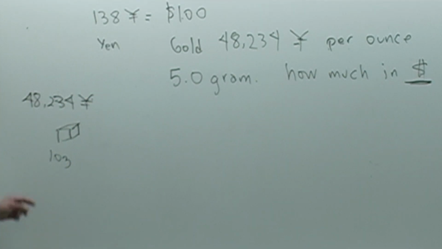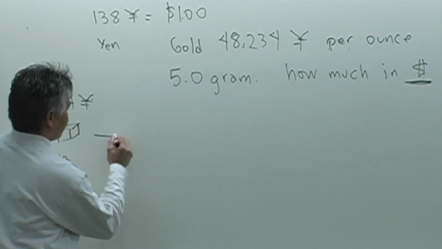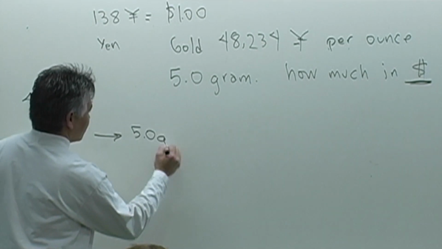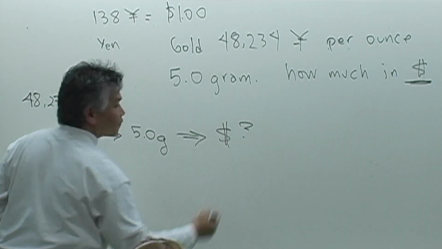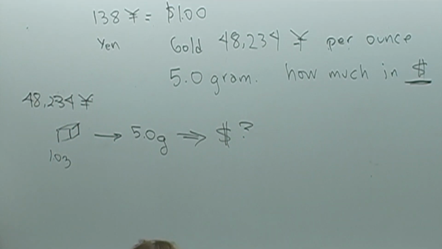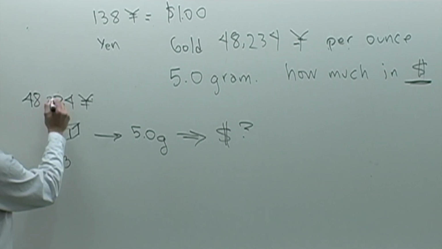And I want to know, if I want to purchase 5 grams, how much is that in dollars? 48,234 yen is equal to 1 ounce of gold.